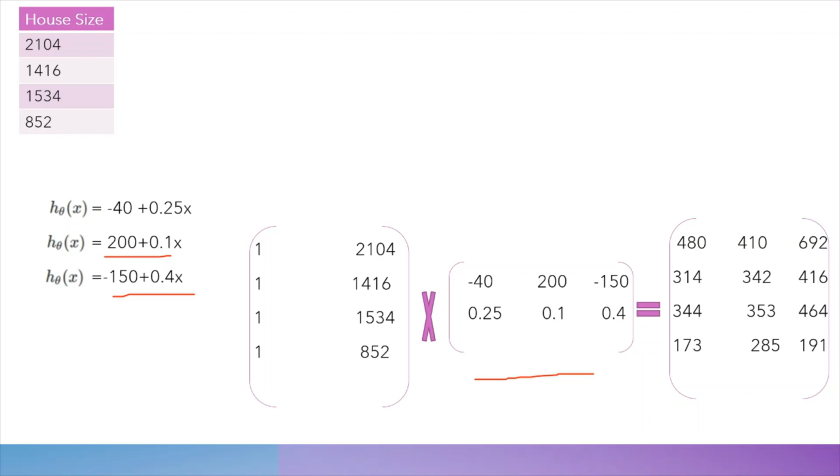So I'm going to end up with this matrix. If I use this theta and multiply with this feature, then I'm going to end up with this hypothesis. If I use this theta, then I'm going to end up with this hypothesis. If I use this theta, then I'm going to end up with this hypothesis.